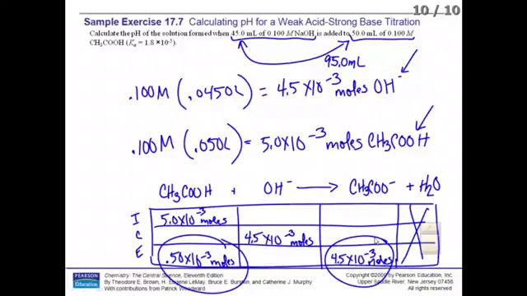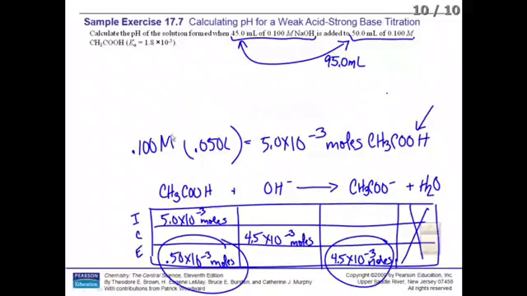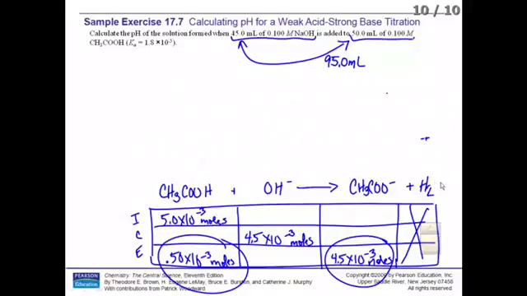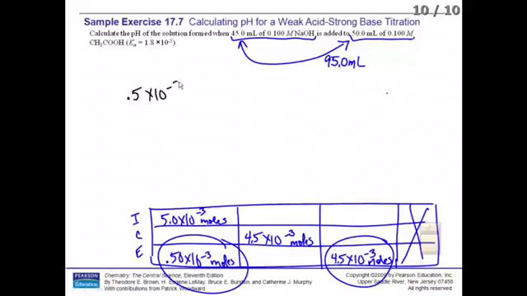We are going to go ahead and figure out, because remember, you've got an acid and its conjugate base. And anytime you have an acid with its conjugate base, guess what you've got? You've got a buffer. So let's go ahead. We've got our final volume here. Let's get the molarity of these dudes. So we've got 0.5 times 10 to the negative 3 moles of the acetic acid, so I'm going to go HA, just generic, and the volume is 0.0950 liters.